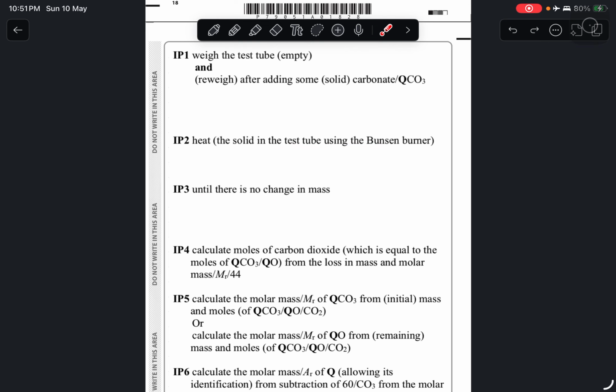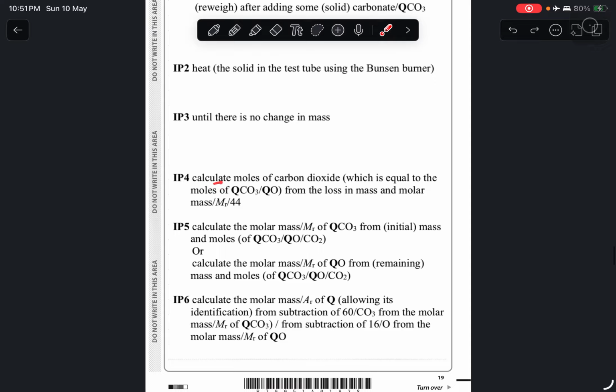We calculate the moles of carbon dioxide from the loss in mass, because the mass lost is equal to the mass of carbon dioxide, because carbon dioxide gas was lost, and that is why there is a decrease in mass.